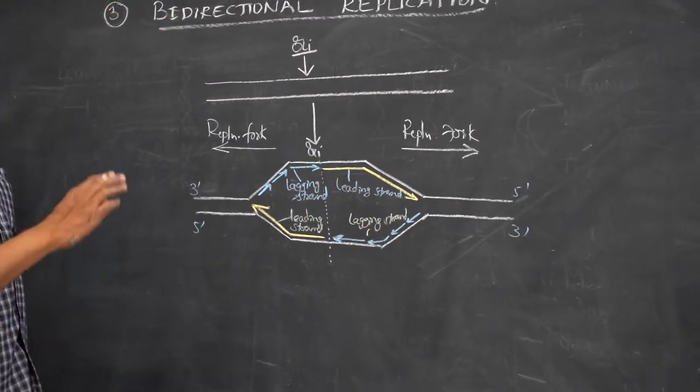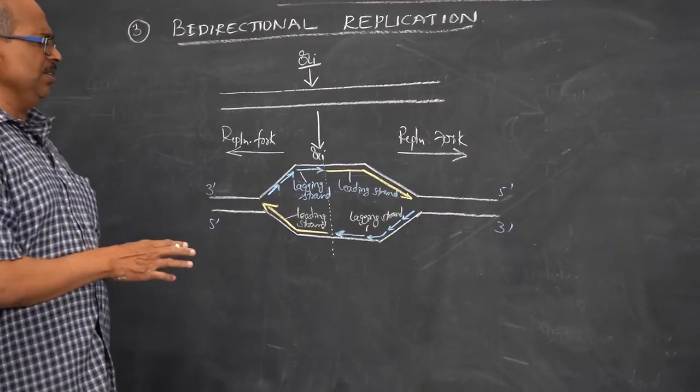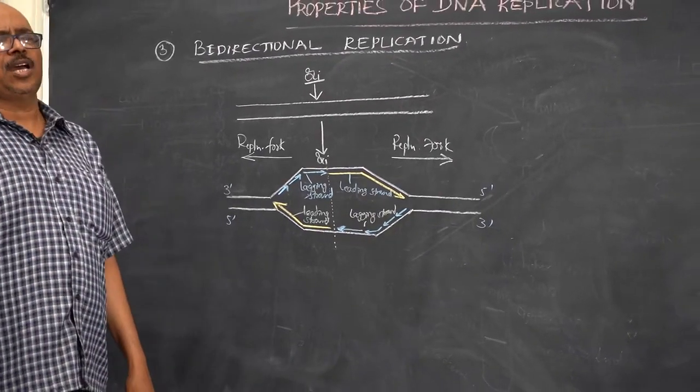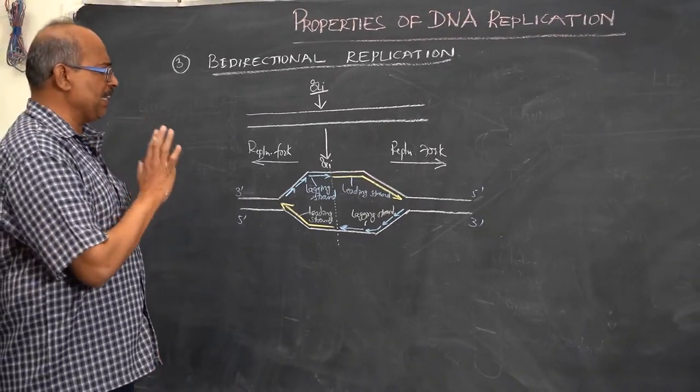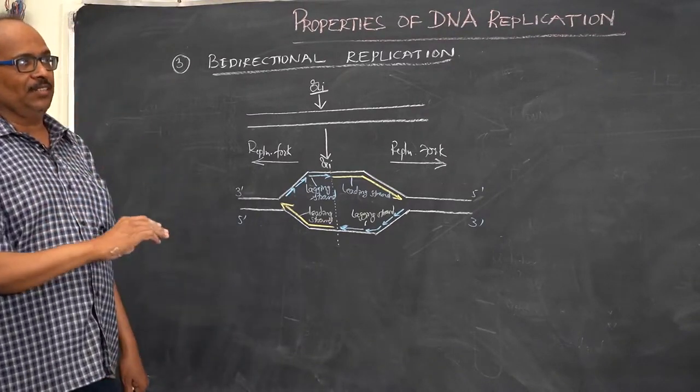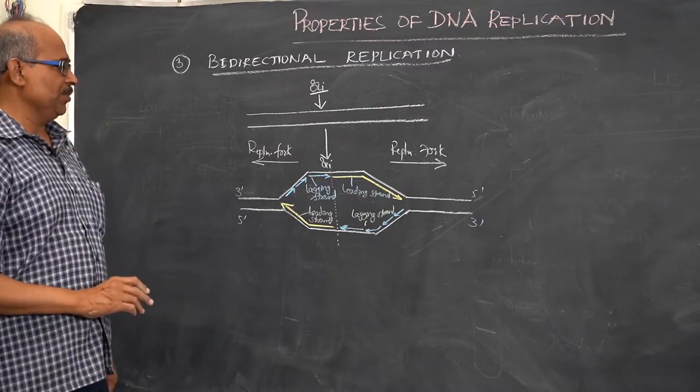So once you know the origin and the directionality of the 2 strands, it is always possible for you to identify correctly which is the leading strand and which is the lagging strand.